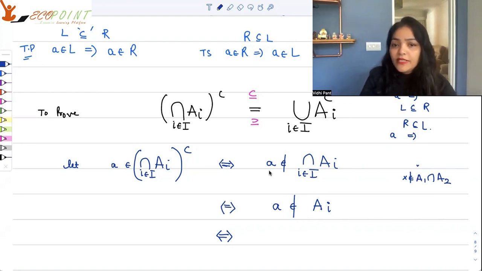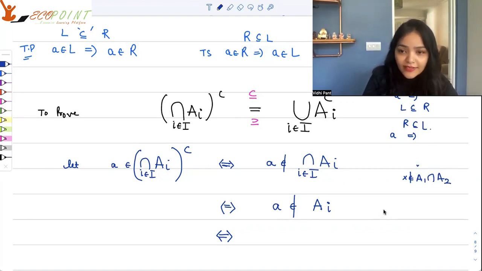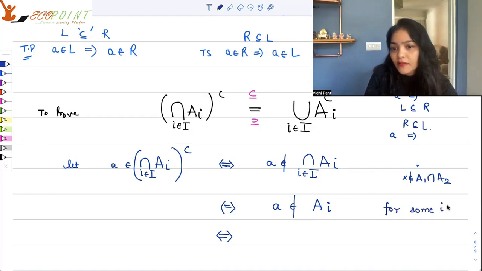So when we say that a does not belong to the intersection of A_i, that should be the case if and only if a is, at the least, not a part of one of them. So a is not a part of A_i for some i belonging to I. So the language changes here. It's not for all anymore, it's for some i.